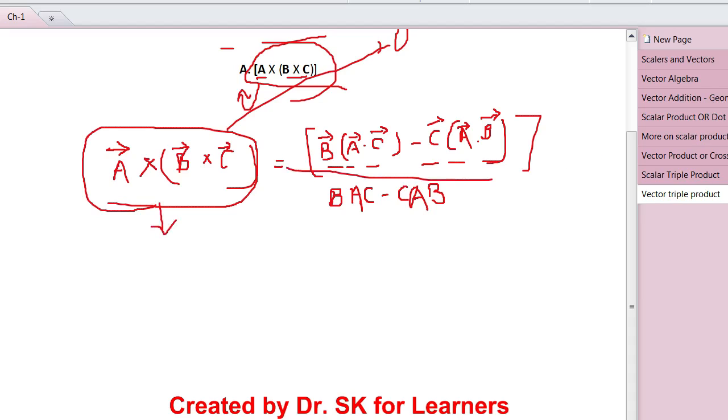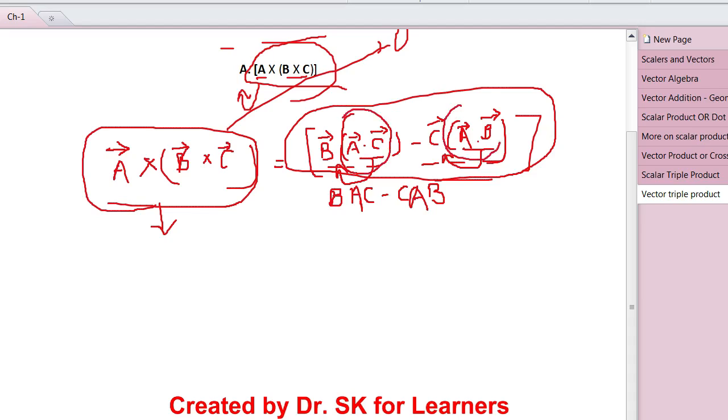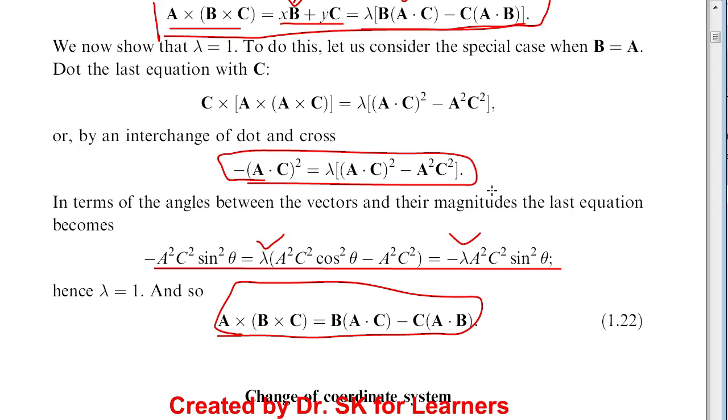and is it a vector quantity here on the right side? So let's see. A dot C is scalar, A dot B is scalar, but they are multiplied with a vector quantity here. So these scalar quantities are basically x and y that we were discussing in the book. These x and y.